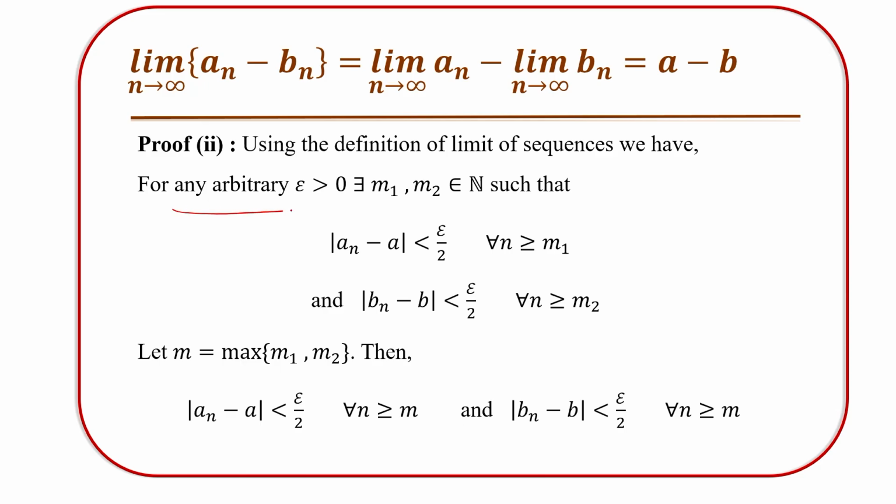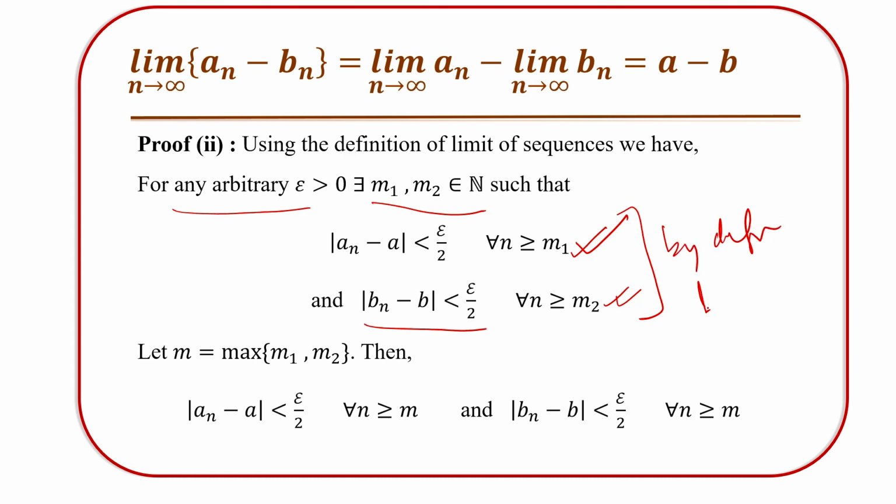For any arbitrary epsilon greater than 0, there exist two natural numbers M1 and M2 such that |An − A| is less than epsilon by 2 for n greater than or equal to M1, and |Bn − B| is less than epsilon by 2 for every n greater than or equal to M2. These are by definition of limit An equal to A and limit Bn equal to B, right.